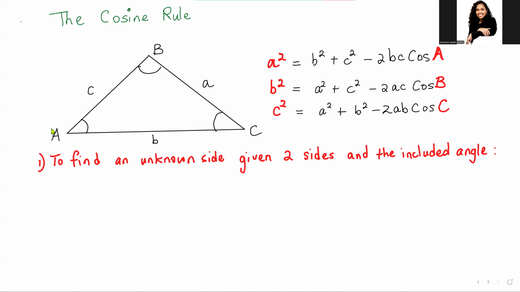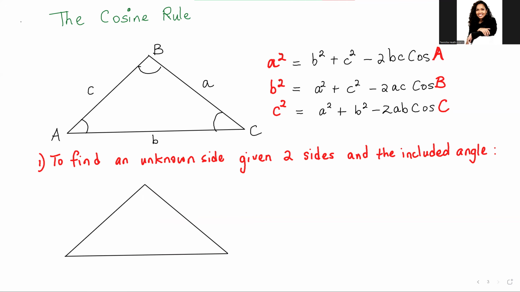Right, so let's say I have a triangle. This is my triangle, a non-right angle triangle, so I cannot use SOHCAHTOA.